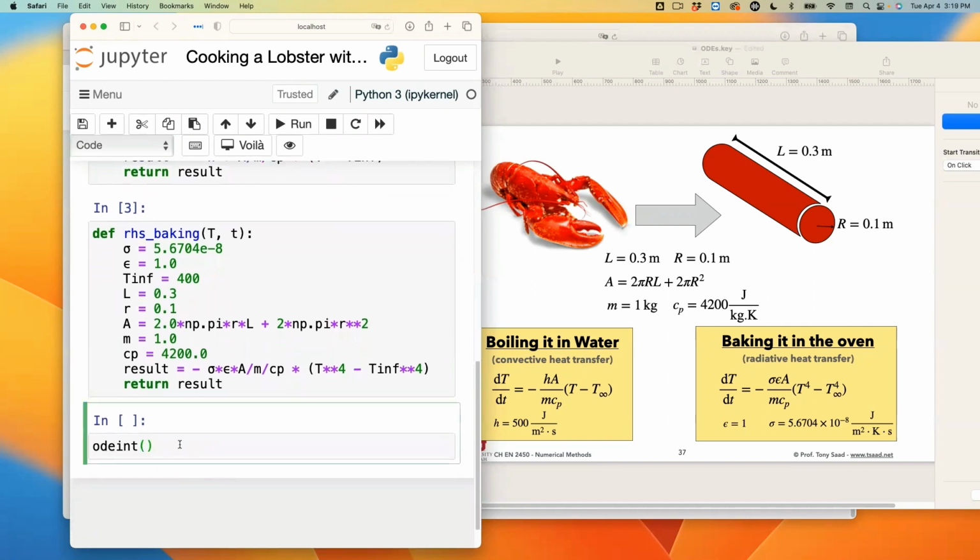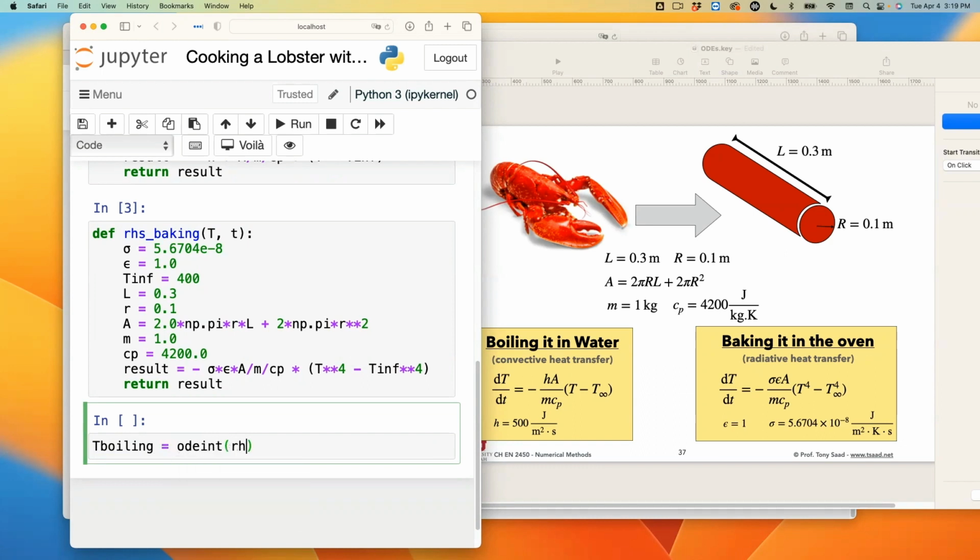Now with ODEint, we can call ODEint twice, once for this ODE and once for the other one. All we need is the right-hand side for each. And ODEint returns a sequence of solutions, right? So we're going to say T boiling, the temperature of the lobster when boiling it in water, is ODEint.